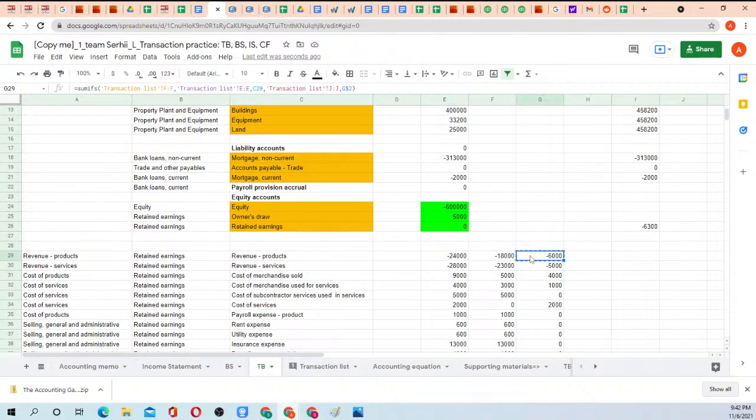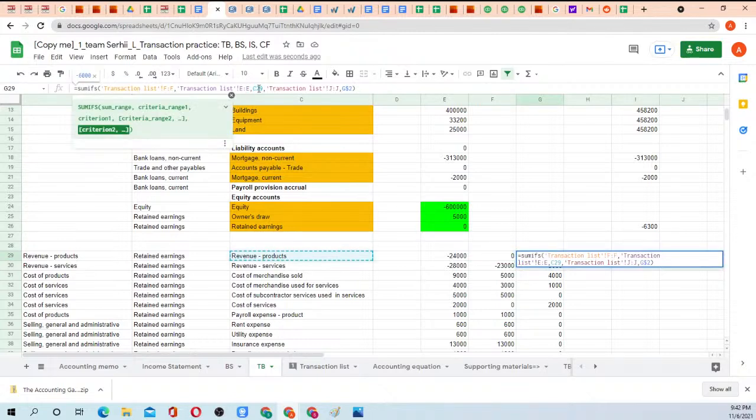Now I want to be able to copy it here, and I am getting 0 again. That's because that criteria goes one column off. So now I go back here and I fix the letter here with a $. So for the accounts, I fixed the column because I want the accounts to move down, but I don't want them to move left or right.